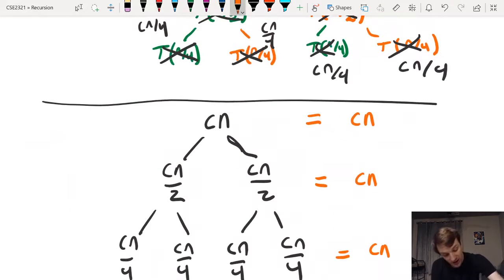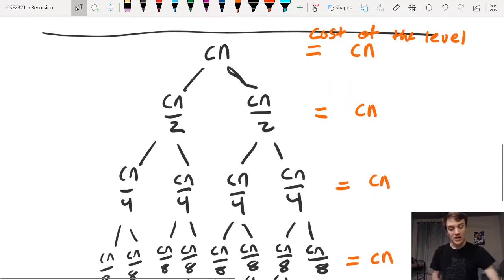The orange here is the cost of the level. That's the cost of each of the recursive calls of that size. So, if that's the cost of each of the recursive calls, I want to know what is the total cost.